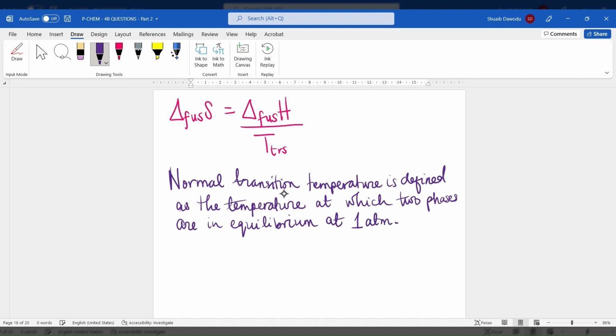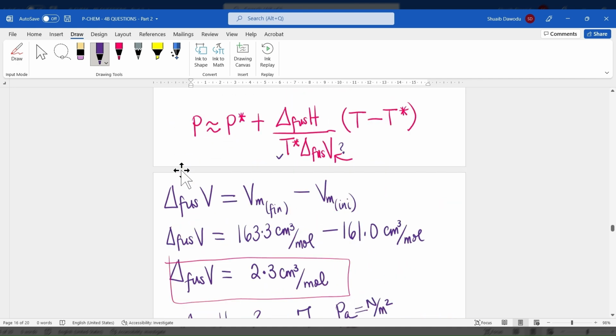So we have to look for the temperature at which the two phases are in equilibrium at 1 atmosphere. So we go back to our question now in order for us to determine the temperature.